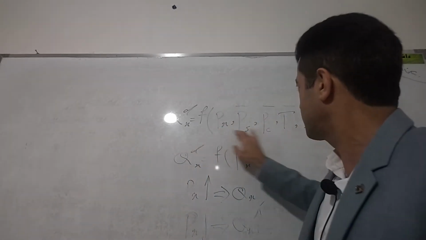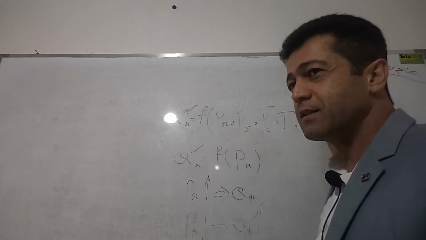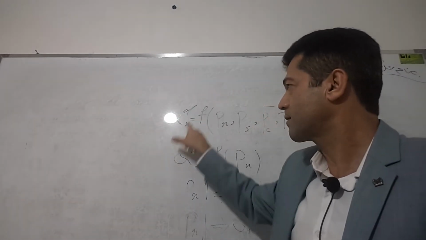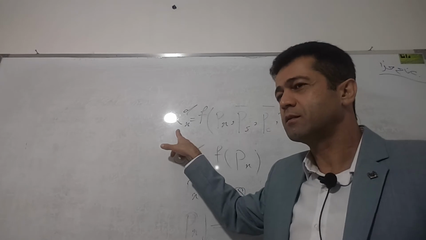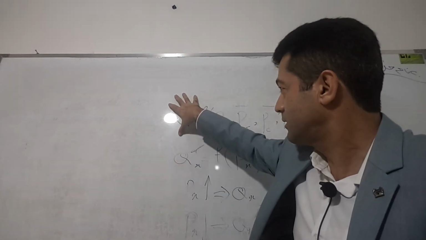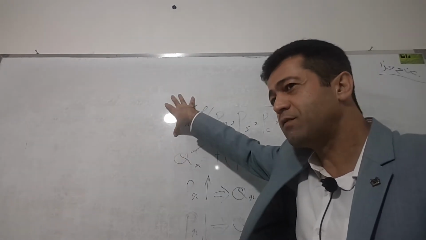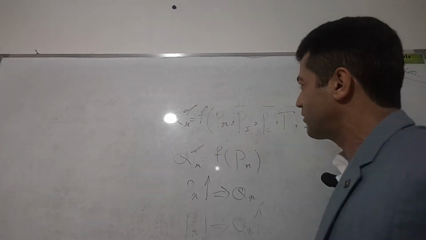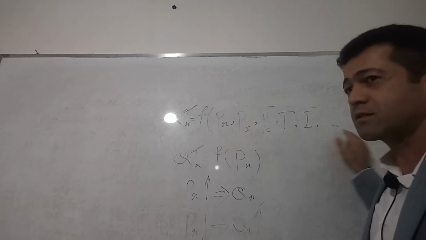Here, all of these are independent variables. Just this one is dependent. We consider this one as the dependent variable. Quantity of demand is the dependent variable based on many independent variables.